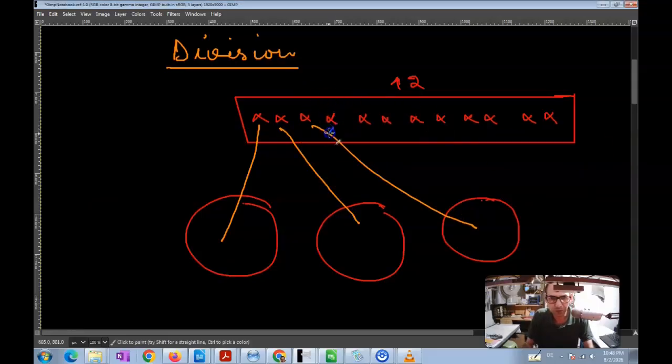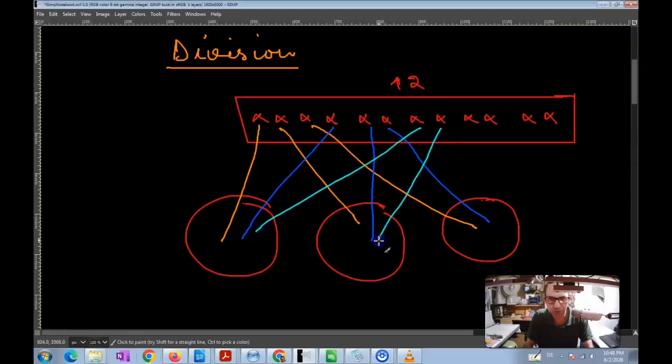Then I'm going to give 1 object to this group, 1 object to this group, and 1 object to this group. That's the second round of the division. Then I'm going to give 1 object here, 1 object here, and 1 object here. That's the third round of the division. And then I'm going to give 1 object here, 1 object here, and 1 object here.